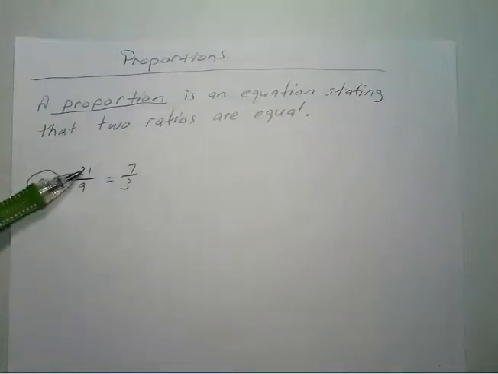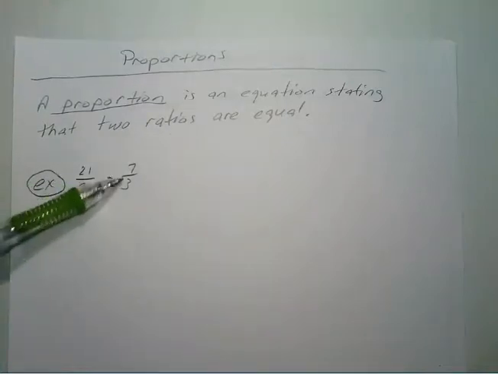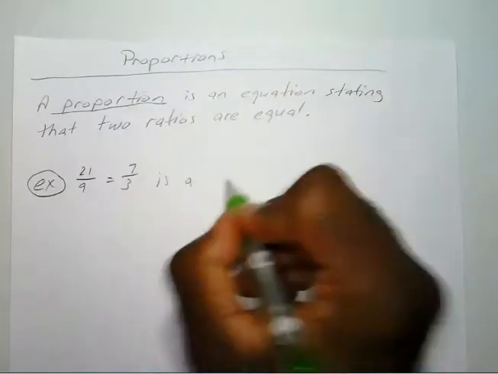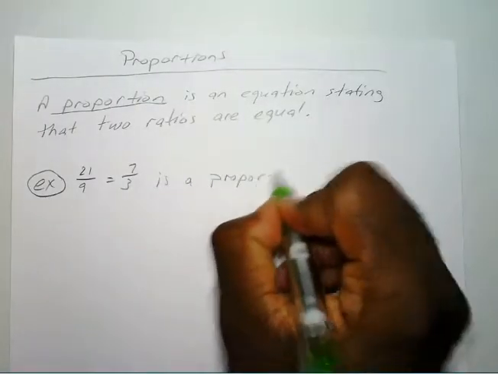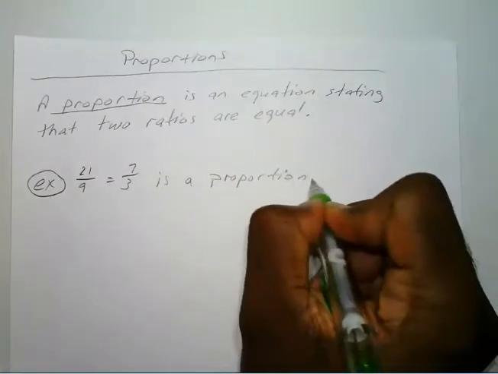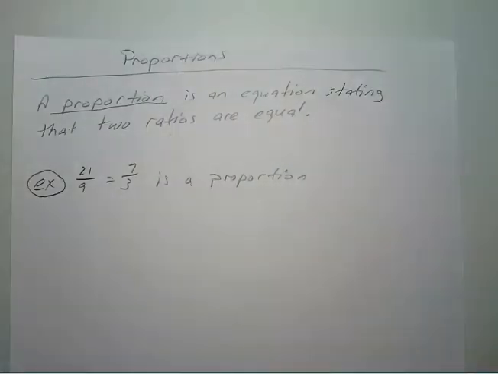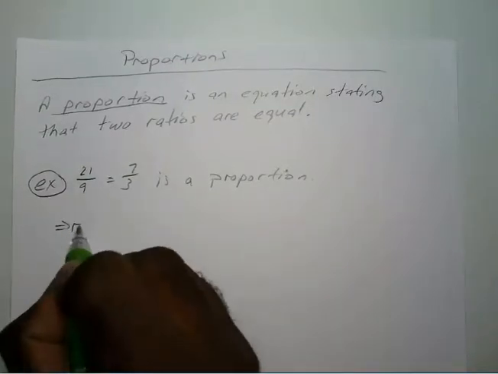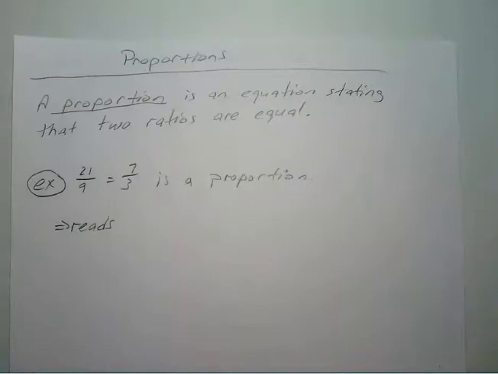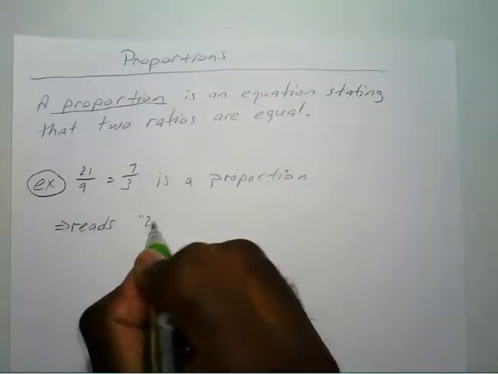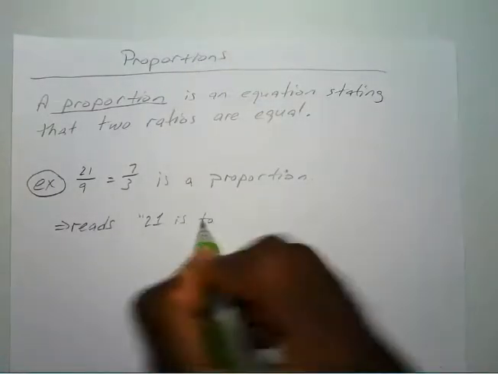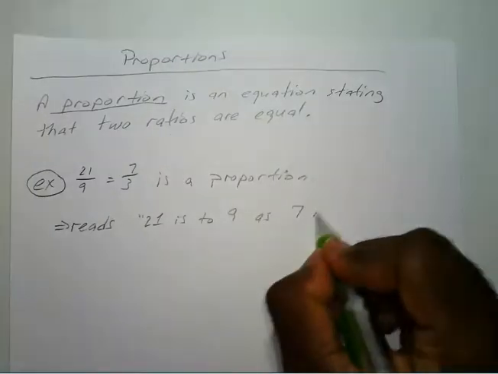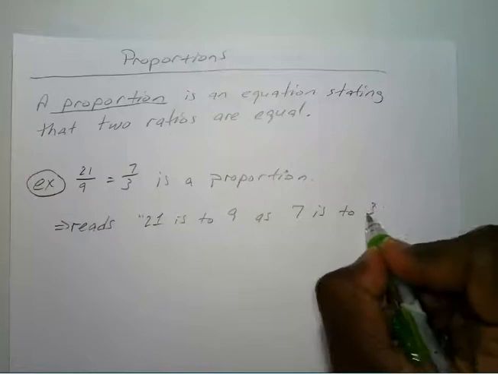But when this is a ratio being equal to another ratio, now this is a proportion. Okay, now as a proportion, it reads this way. 21 is to 9 as 7 is to 3.